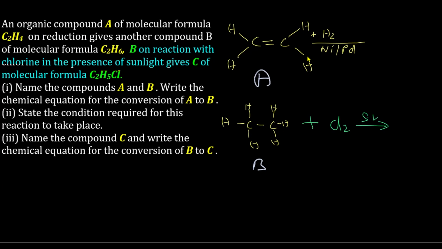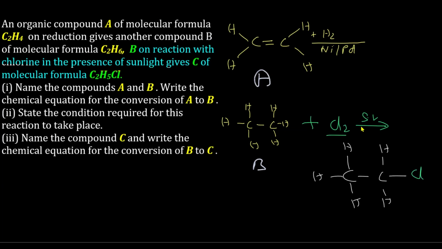This is a substitution reaction, where you will see that the chlorine displaces one of the hydrogen atoms here. So I can write down the product. The product so formed will have two atoms of carbon, five hydrogens at their place only, and the sixth hydrogen will be displaced by a chlorine atom, right?